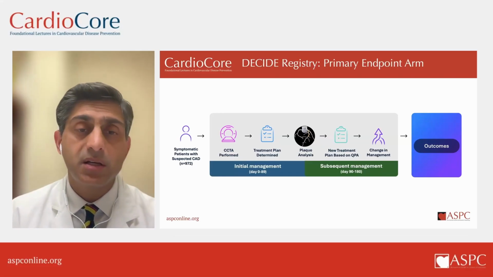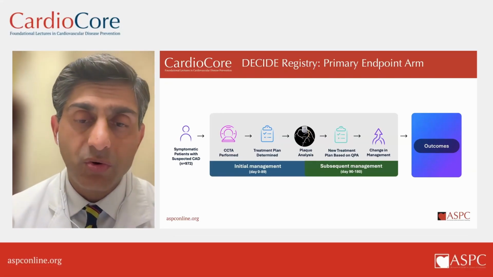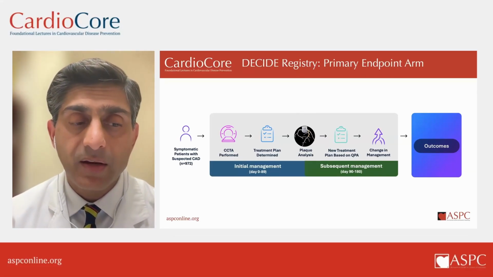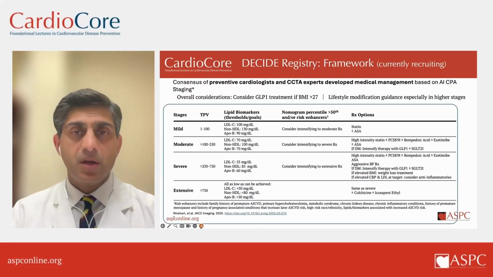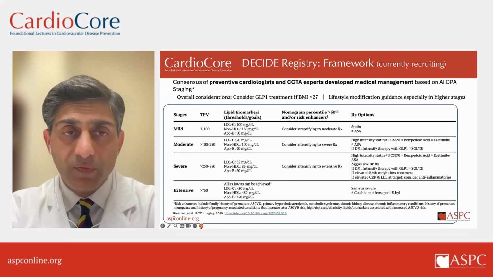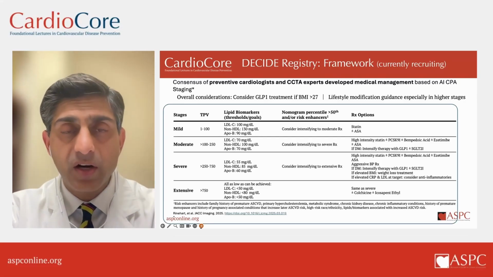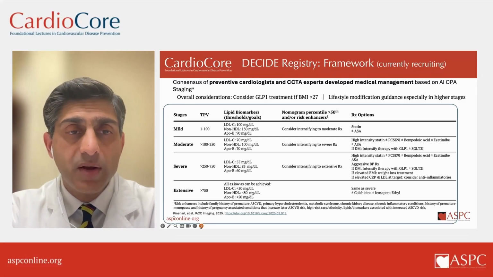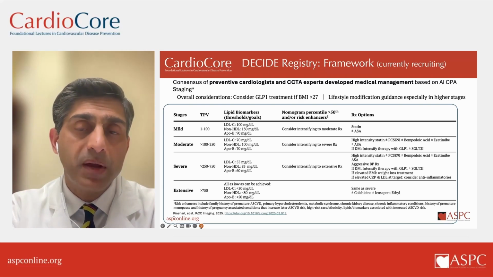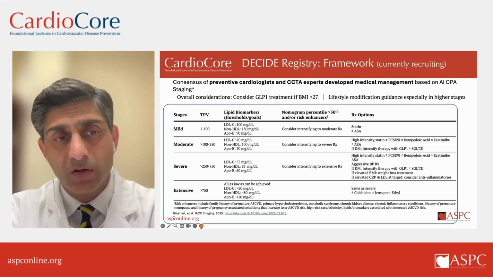Now, some of that data did come out in Montreal in 2025, and I think it's important to appreciate what the framework of the trial was. This was actually a collection of preventive cardiologists and CTA experts, based on AI imaging, looking at what they would do depending on the different total plaque volumes.